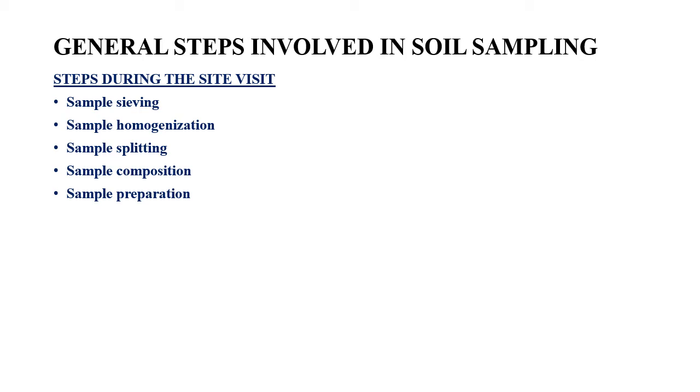You can just quarter and split the samples, again mix it, again split it. So at least 5 times of splitting and mixing has to be done for uniform distribution of contaminants in the soil.